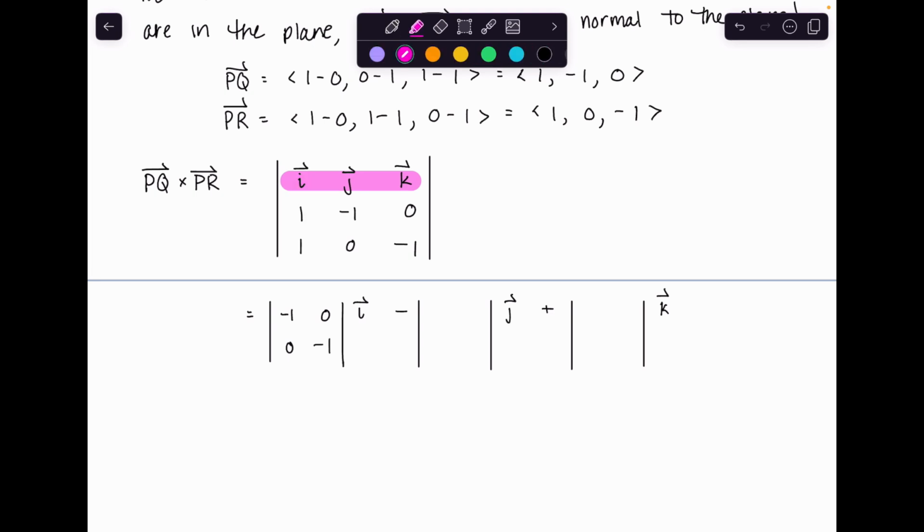The first row is always struck out, so just keep moving. For the second matrix, strike out the middle column, which leaves 1, 0, 1, negative 1. And finally, strike out the last column, which leaves 1, negative 1, 1, 0.